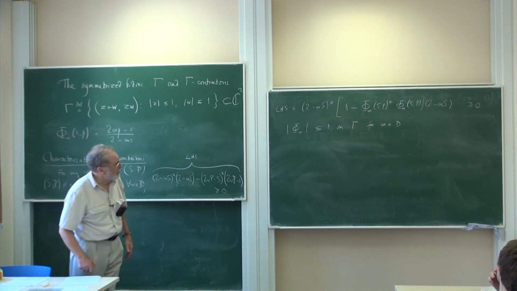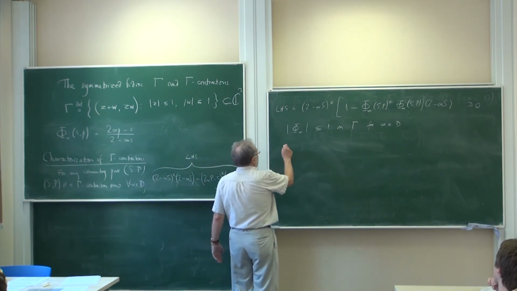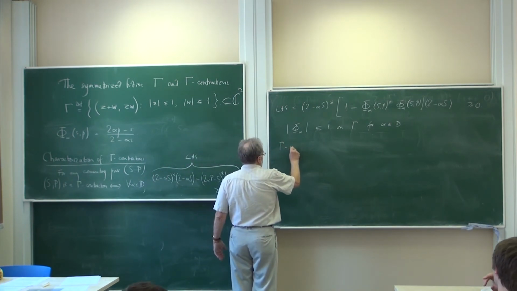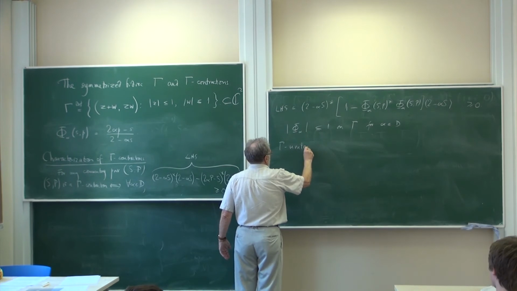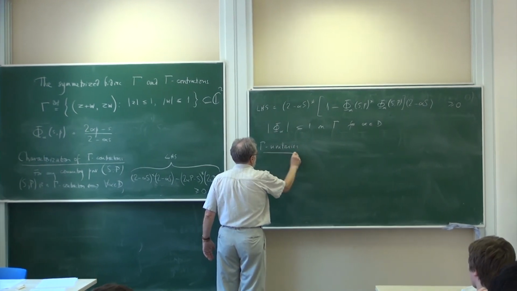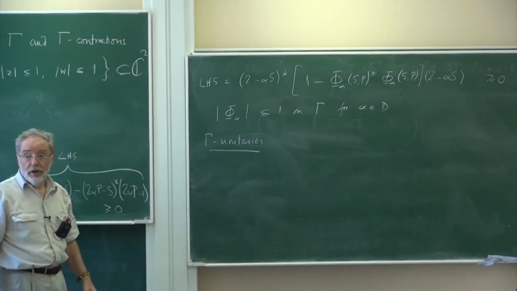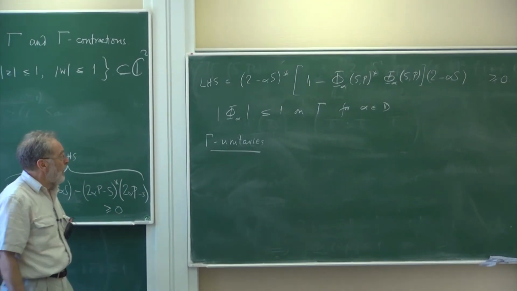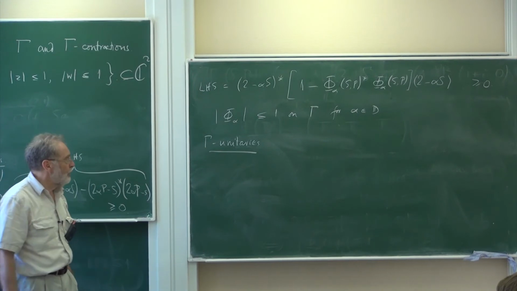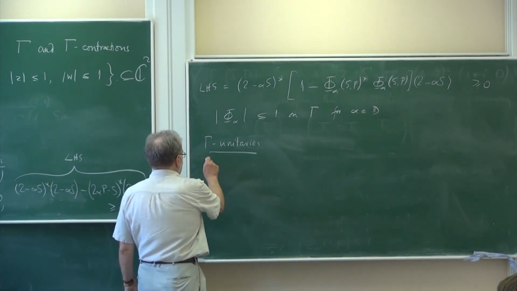So let me talk about gamma unitaries. There's a natural notion of a gamma unitary. So it's a special kind of gamma contraction. So here's a definition.